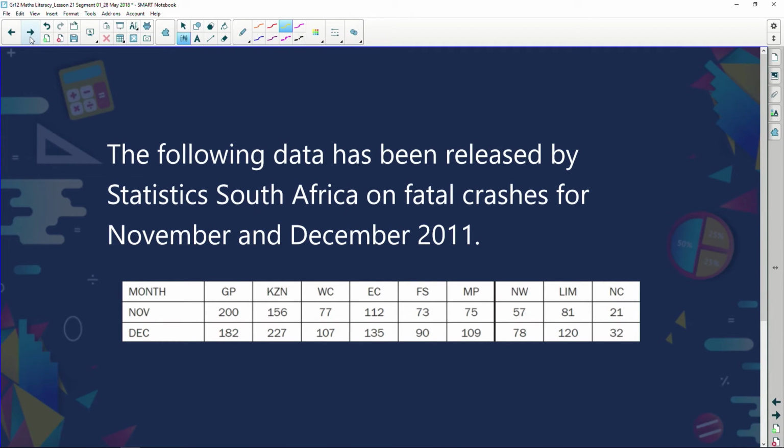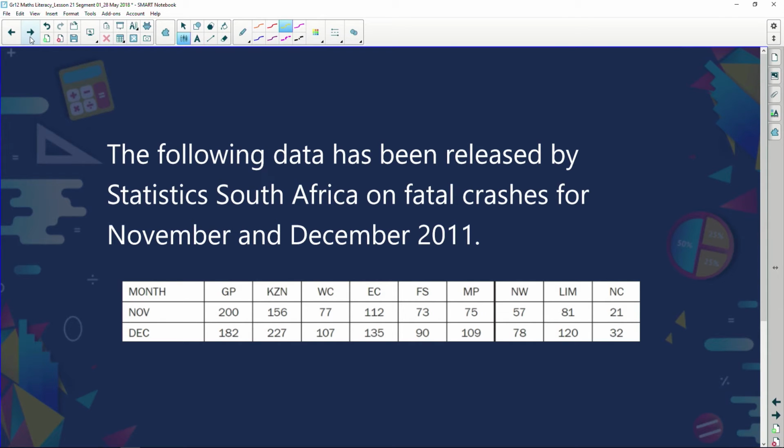The following data has been released by Statistics South Africa on fatal crashes for November and December 2011. If you look at all this, you can see that in 2011 they recorded the number of deaths on our roads, and they've now tabled it.